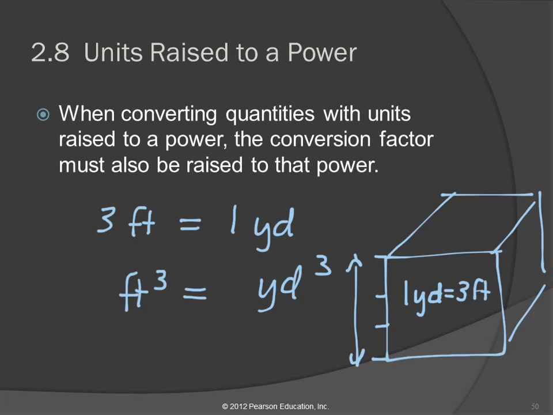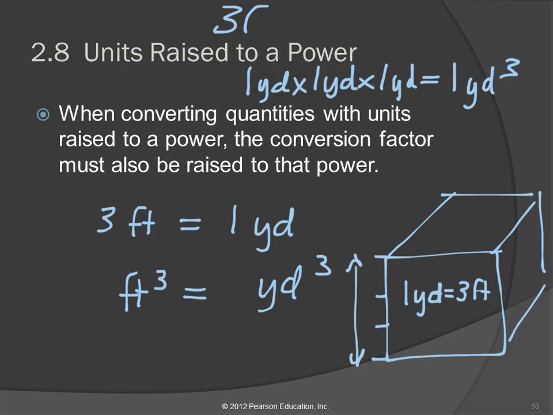So if I calculate the volume of this block in yards, it's 1 yard times 1 yard times 1 yard, which equals 1 cubic yard, right? But if I do it in feet, each side is 3 feet long. 3 feet times 3 feet times 3 feet equals what? 3 times 3 is 9, times 3 is 27. 27 cubic feet.